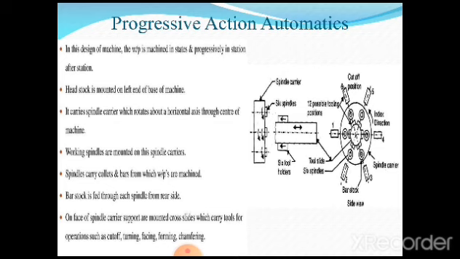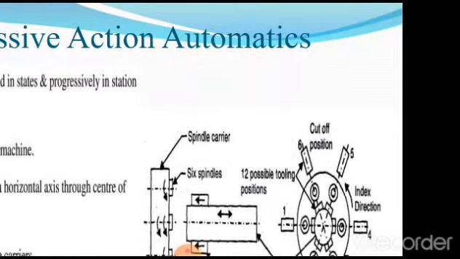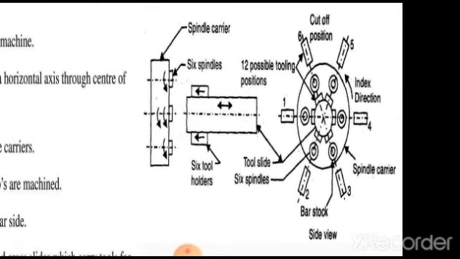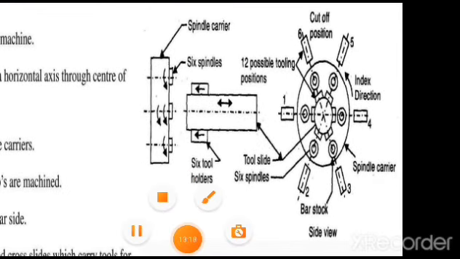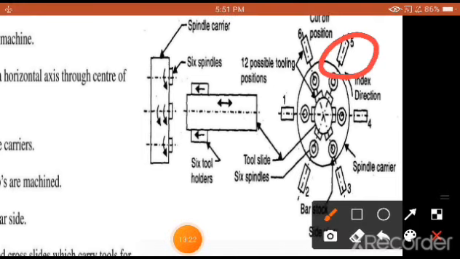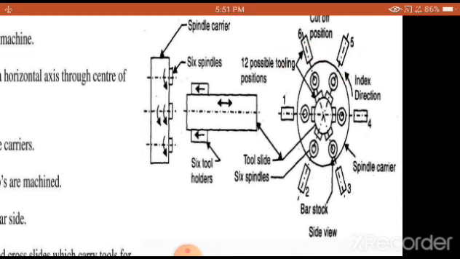The spindles carry the collets and the bars from which workpieces are machined. The bar stock is fed through each spindle from the rear side. A 6 spindle machine, which you are going to see, has 6 spindles here. We are going to start from here: 1, 2, 3, 4, 5 and 6. All these spindles are shown there.